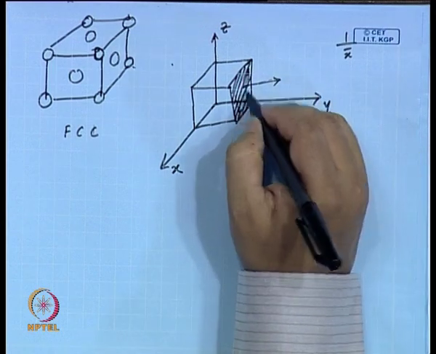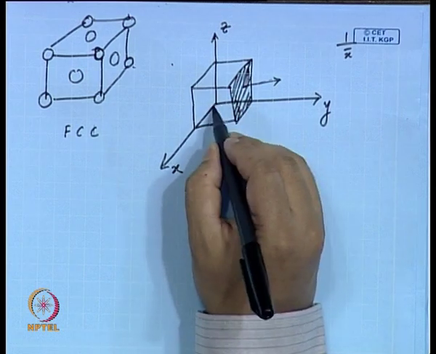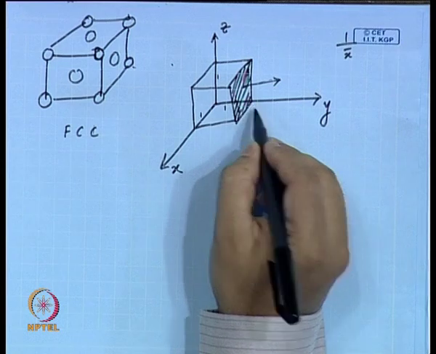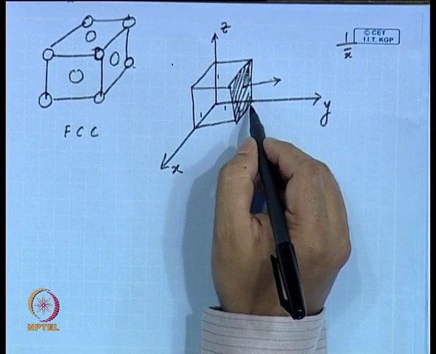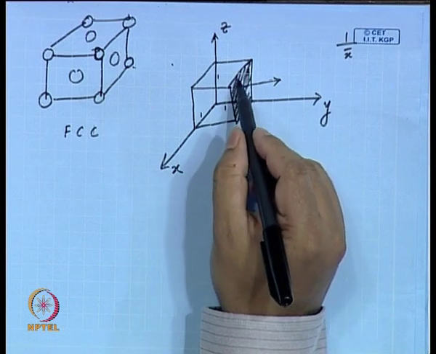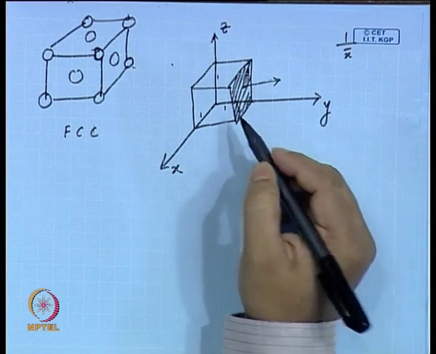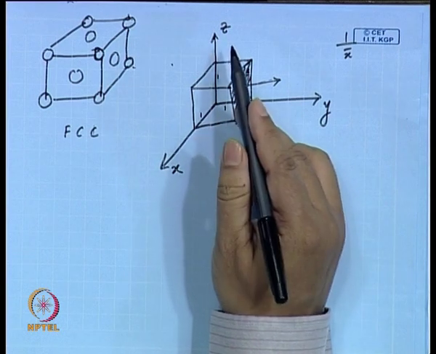So, this plane cuts the y axis. Suppose this dimension is 1, this dimension is 1, and this dimension is 1. This plane cuts the y axis at a distance 1, and at what distance does it cut the z axis, or the x axis? This never cuts the x axis, because it is parallel to the x axis. This never cuts the z axis, because it is parallel.